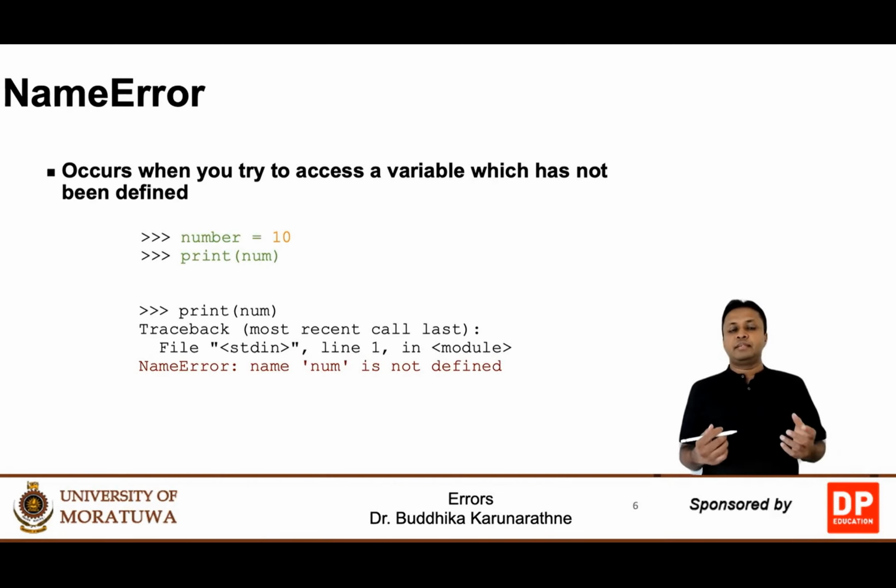Therefore, Python is complaining about a name error. And it says name num is not defined because it was not previously defined. So remember to avoid this kind of mistake. If you get a similar error when you go ahead and do some programs, now you can look for some error which is probably related to naming and referencing variables.